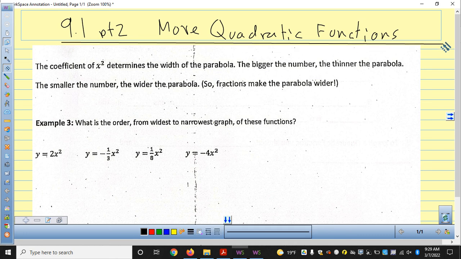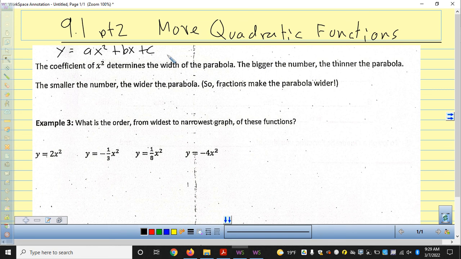Now I'm just going to remind us, a quadratic function is something that we can write y equals ax squared plus bx plus c. When we have a function that looks like that, that's a quadratic function. Now, in terms of the graph of the quadratic function, the coefficient on x squared, coefficient means number in front of, determines the width of the parabola.